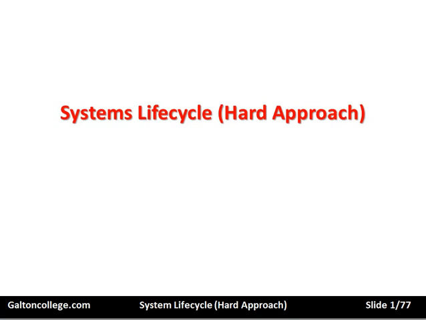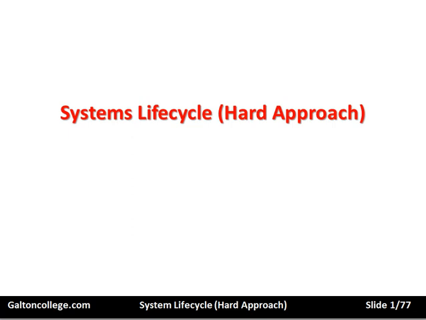In this video we're going to look at systems lifecycle, and it's called the hard approach. The reason why it's called a hard approach is because it deals with the development of projects, and it takes a very rigorous and programmed approach to the development of the projects.